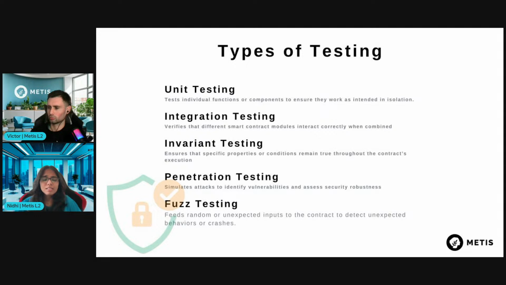Let's say we have a set of functions in the smart contract. We test each function separately before running and checking the whole contract. The next is integration testing. This is about verifying that different parts of your contract work together as expected.